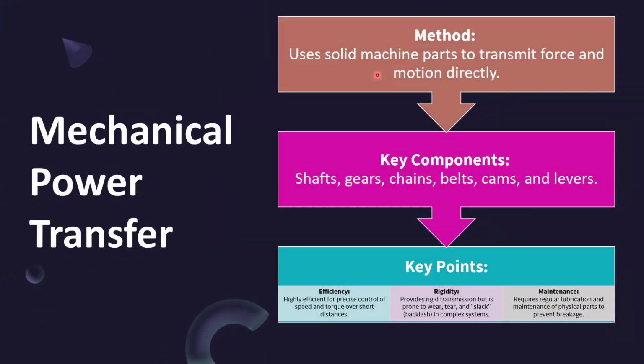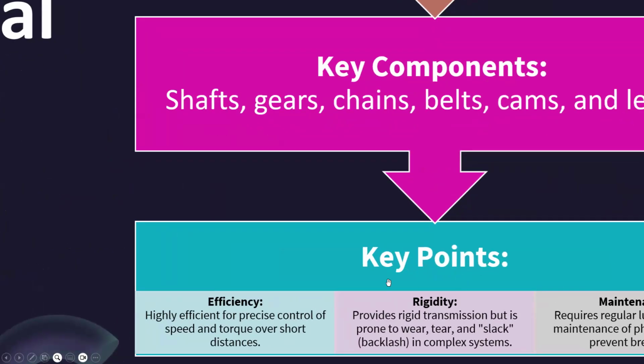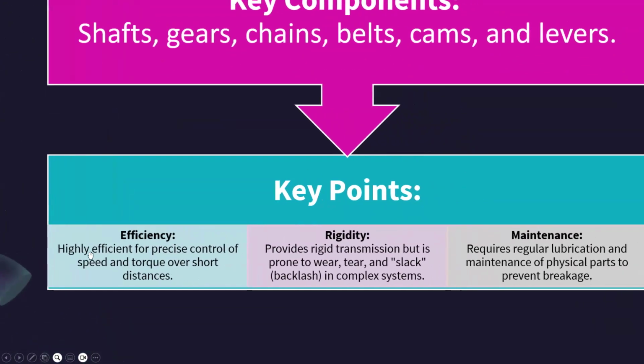Mechanical power transfer uses solid machine parts to transmit force and motion directly. Key components: shafts, gears, chains, belts, cams, and levers. Key points: highly efficient for precise control of speed and torque over short, and here's the cost you have to pay for it, short distances.